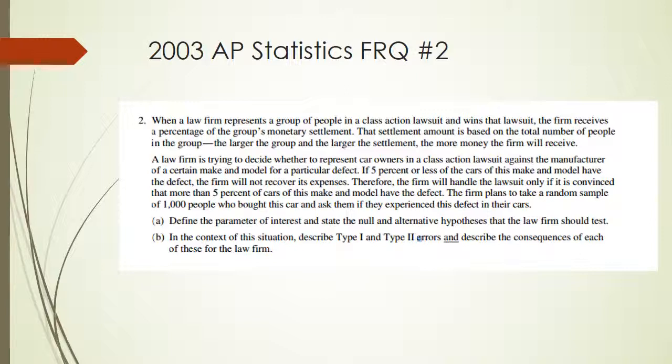The larger of the group and the larger the settlement, the more money the firm will receive. A law firm is trying to decide whether to represent car owners in a class action lawsuit against a manufacturer of a certain make and model for a particular defect. If 5% or less of the cars of this make and model have that defect, the firm will not recover its expenses.